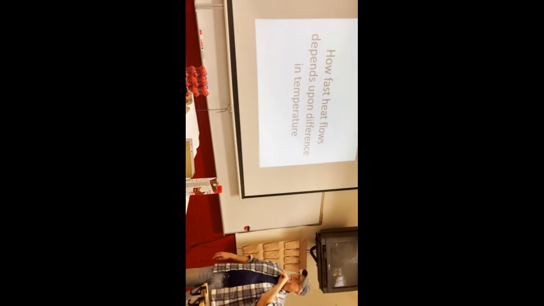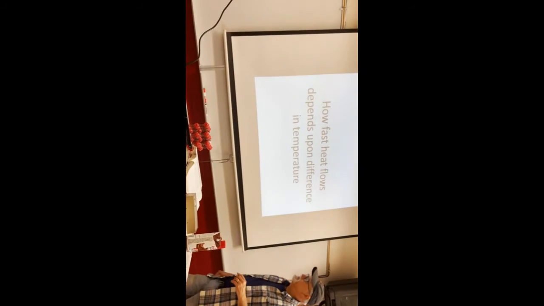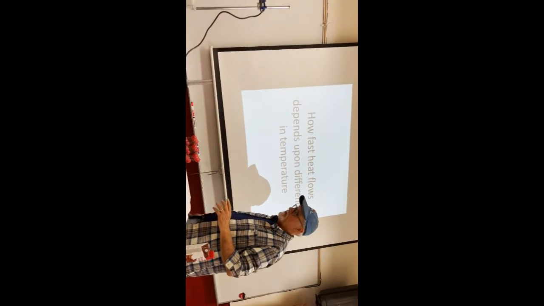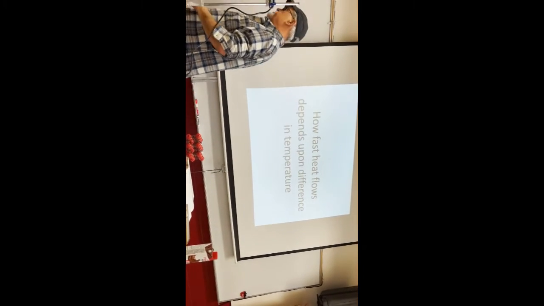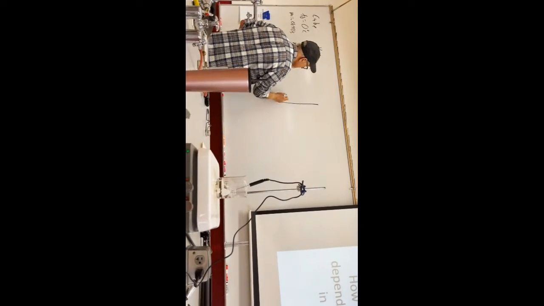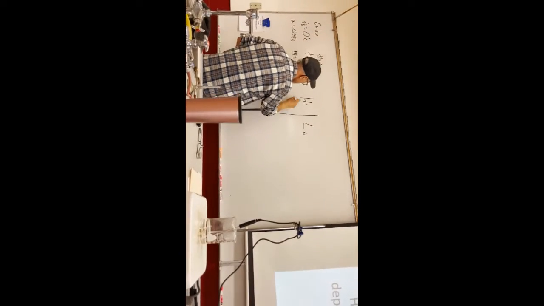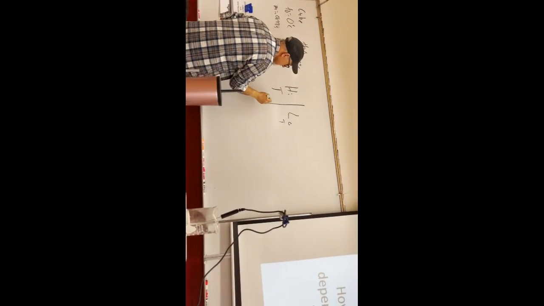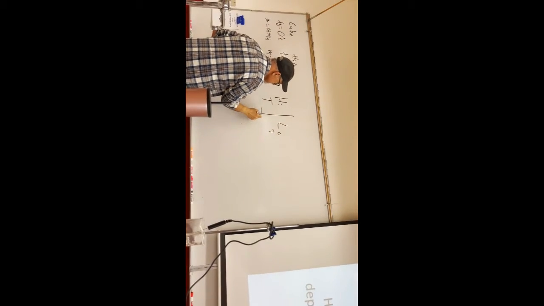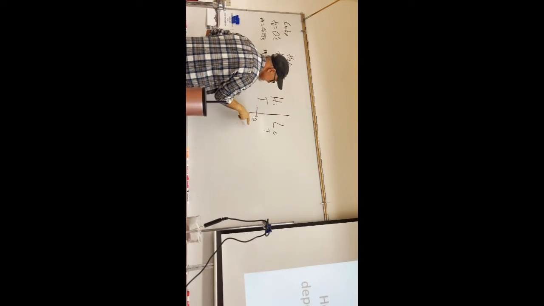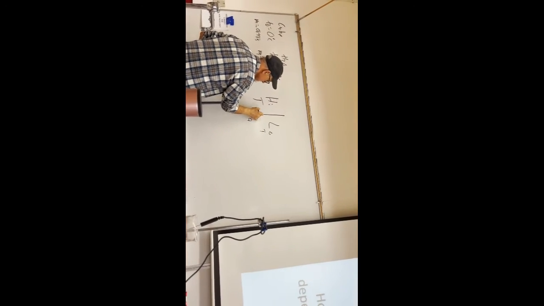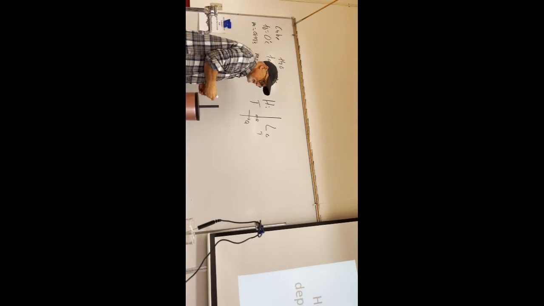How fast heat flows depends on differences in temperature. The reason is, if you have a high temperature and a low temperature, there is some quantity of heat going in one direction, but there's also some quantity of heat going back in the other direction.